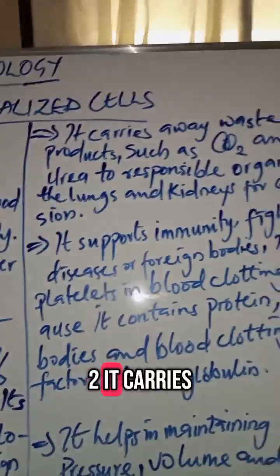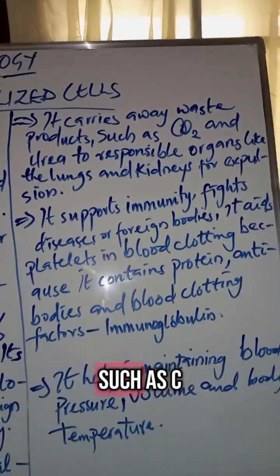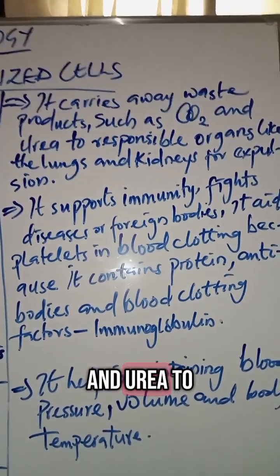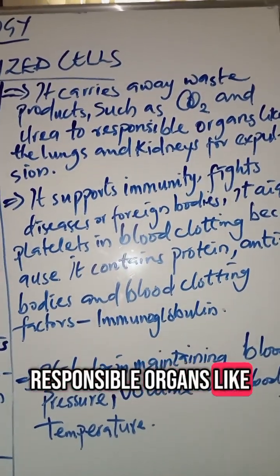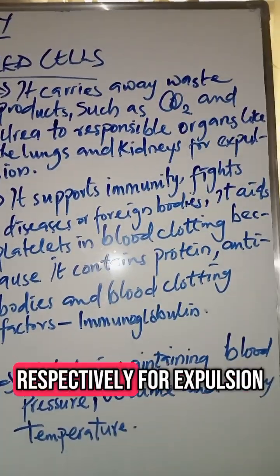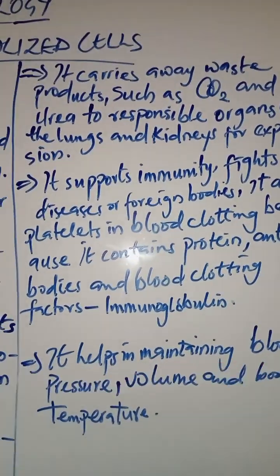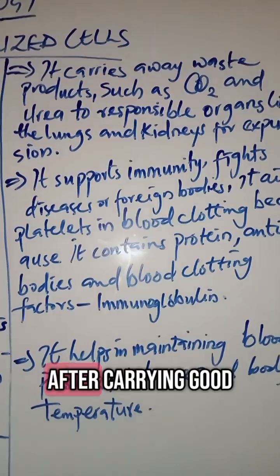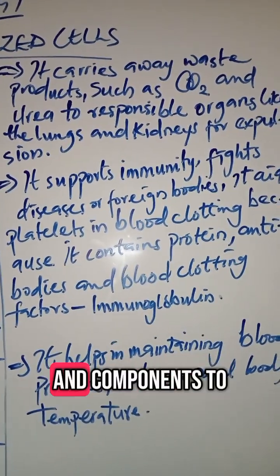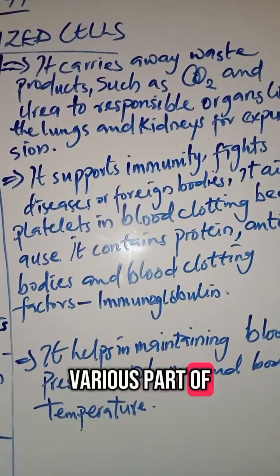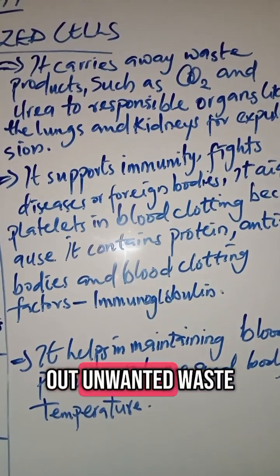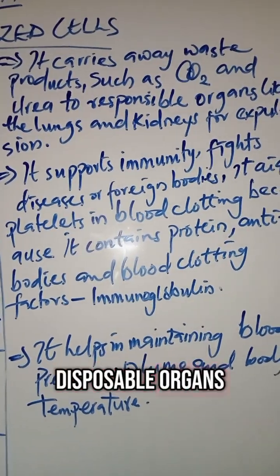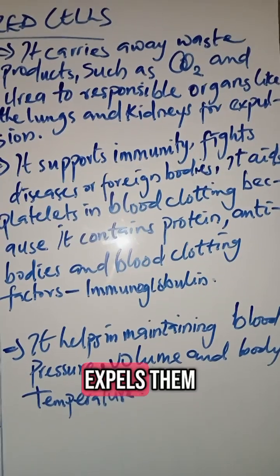Two, it carries away waste products such as CO2, that is carbon dioxide, and urea to responsible organs like the lungs and kidneys, respectively, for expulsion. So it carries both waste products. After carrying needed components to various parts of the body, it also carries unwanted waste to the organs that expel them.